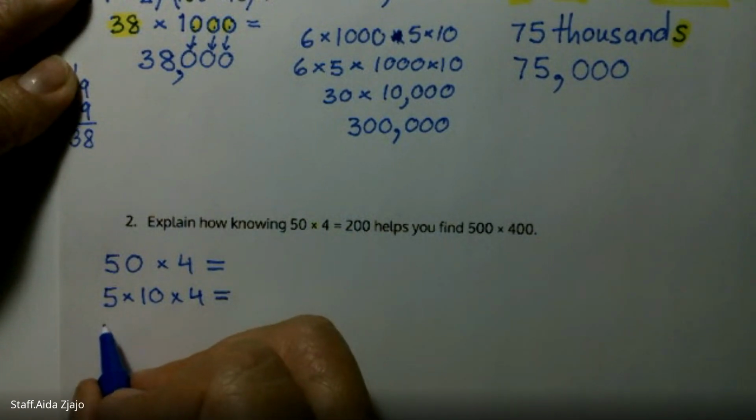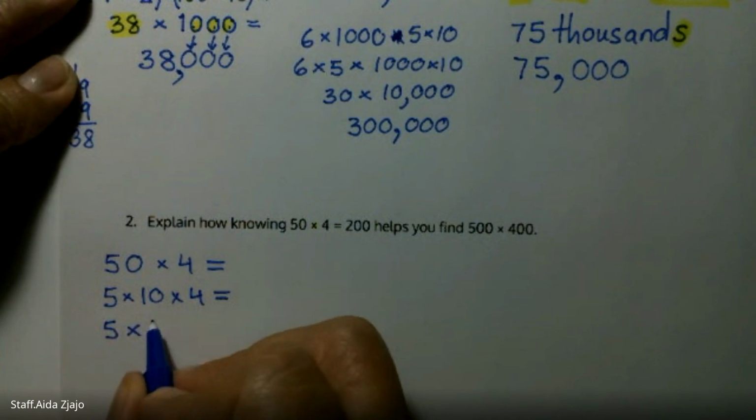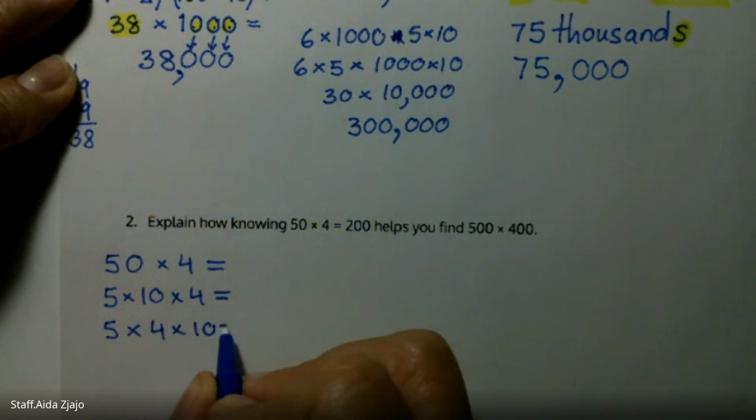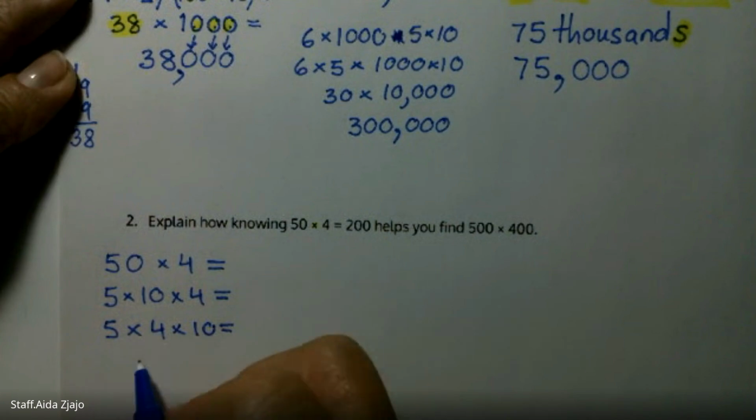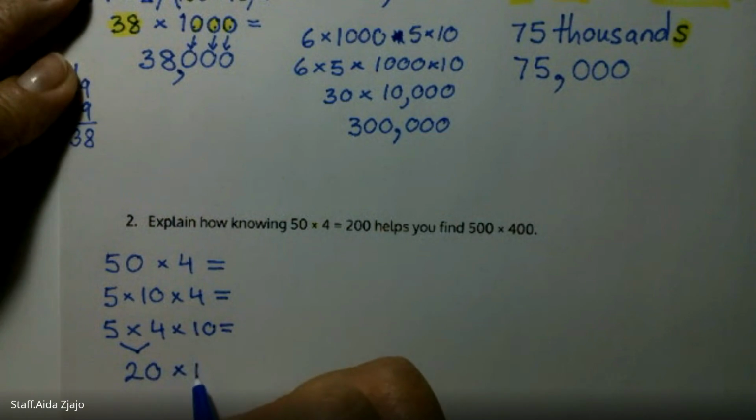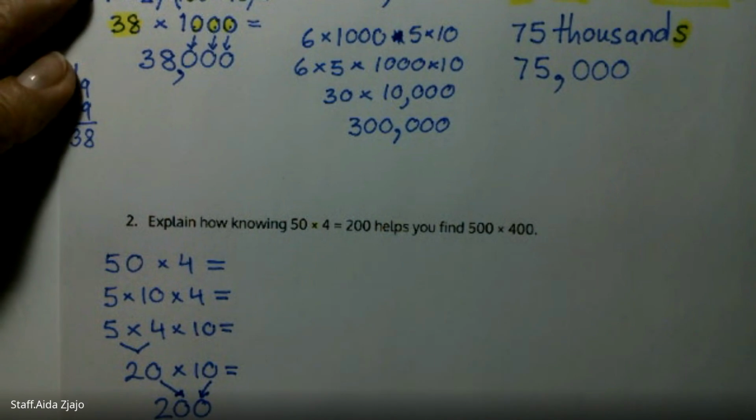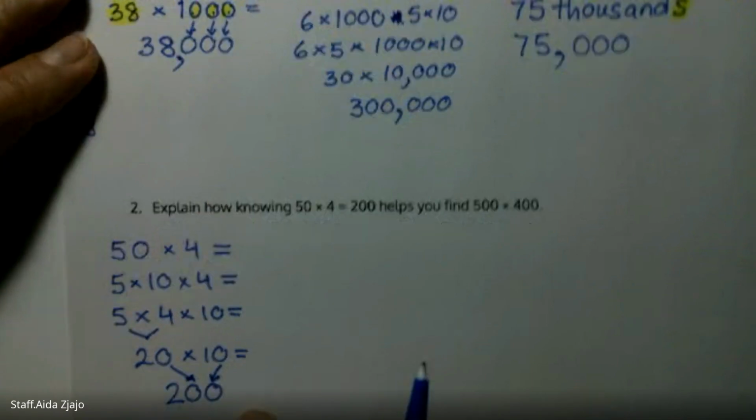So 5 times 4 times 10, I'm going to do that. So 5 times 4 is 20, and times 10 equals 200, because 20 times 10 is 200.